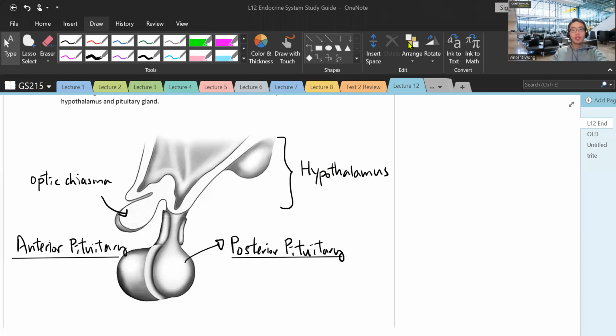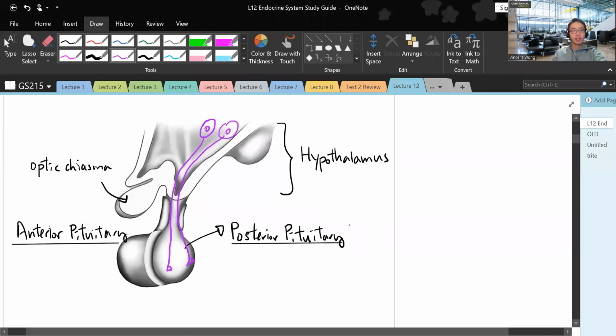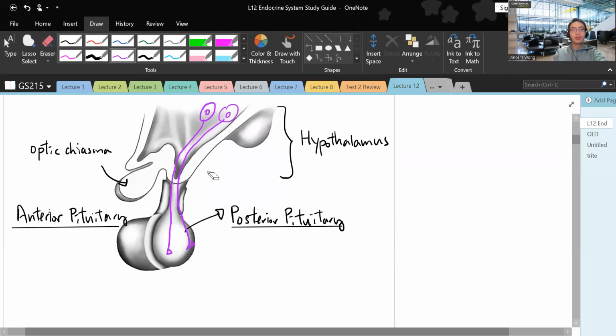So last time we also talked about how there are 2 groups of neurons in the hypothalamus. One group of neurons will extend their axons into the posterior pituitary gland, like that. Okay, so these neurons are responsible for creating hormones, and you would transport them in vesicles and store them and release it from the posterior pituitary gland. And there are two such hormones. We have the ADH, the anti-diuretic hormone, which helps you conserve water.